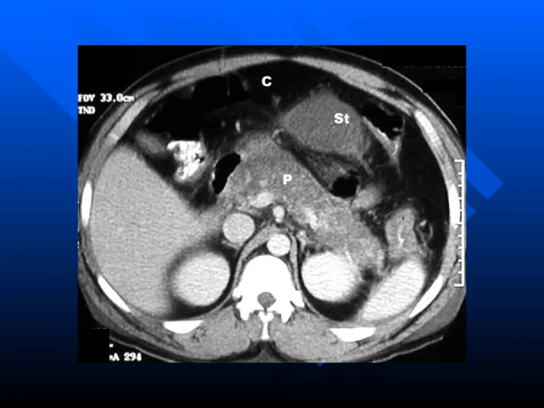Next one, I showed you this image of the pancreas and the stomach and the colon shown here, but the pancreas is not normal. This is pancreatitis. This is inflammation of the pancreas. And unfortunately, when something like this happens, the actual pancreatic tissue starts attacking itself.